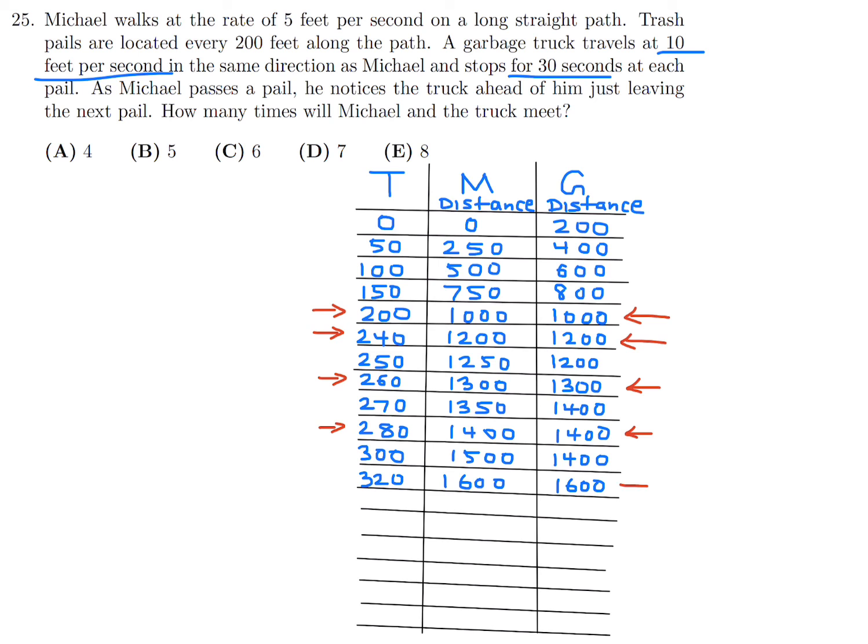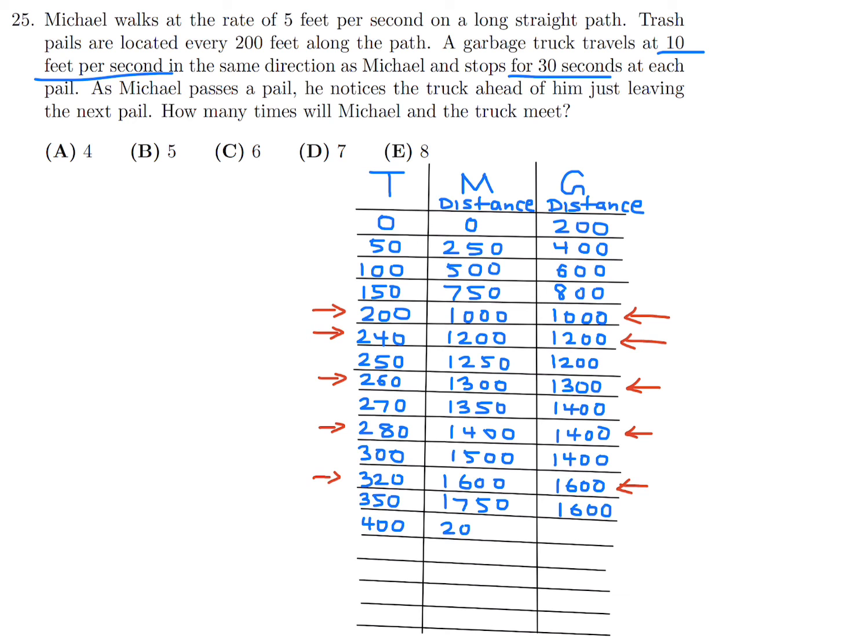Great. So we got another meeting point. And then at this point, let's see, 350. Michael is up to 1750. The truck is up to 1600. Right? Because the truck is still stationary. It doesn't travel for those 30 seconds.